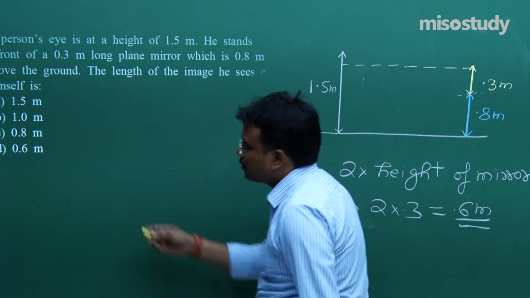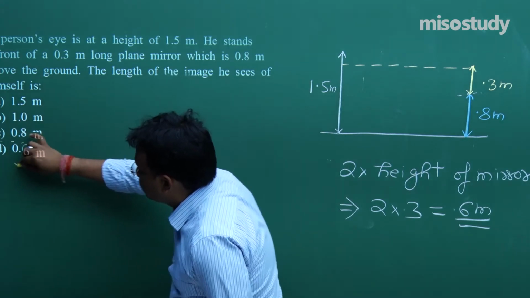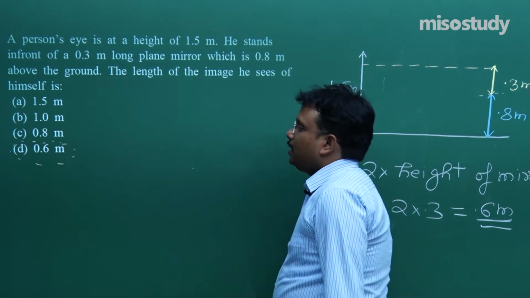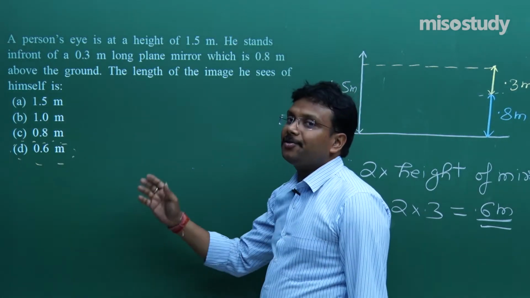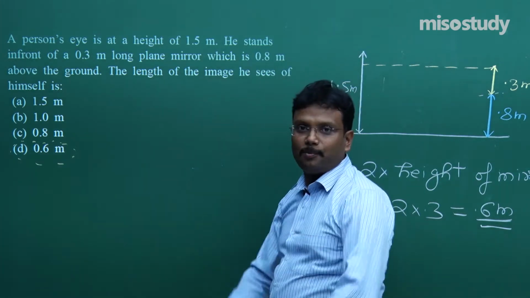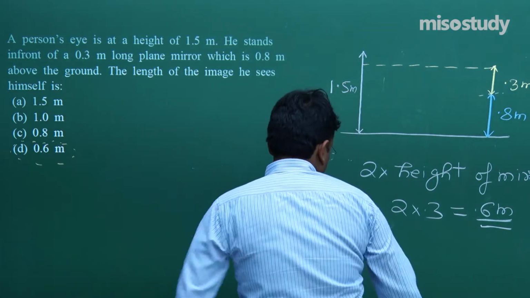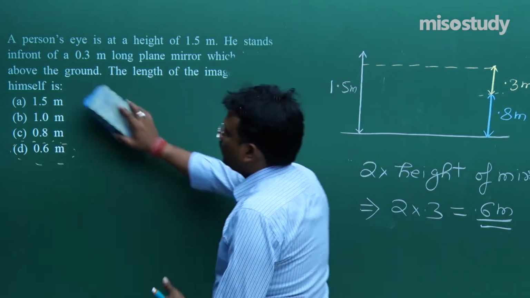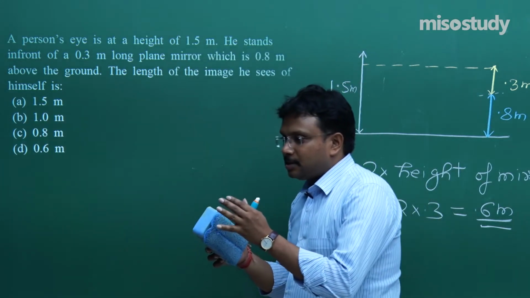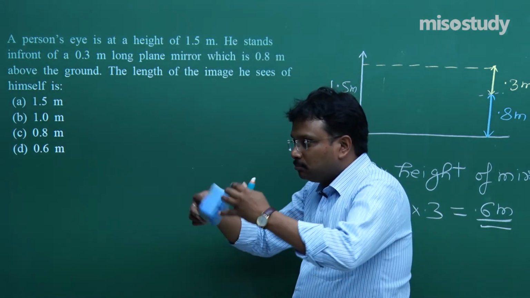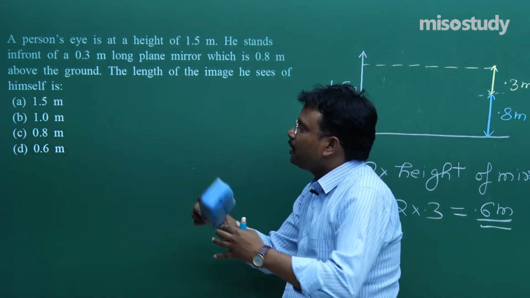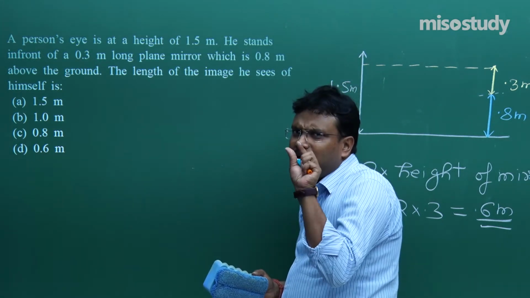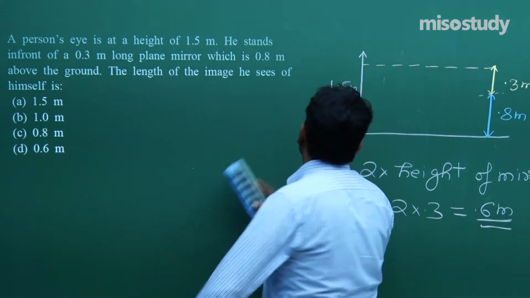The correct answer is D. So he will find his own image as 0.6 meters rather than 1.5. Anyway, not a difficult question. It's just a mixing of a simple concept with a slightly twisted approach. That's it.